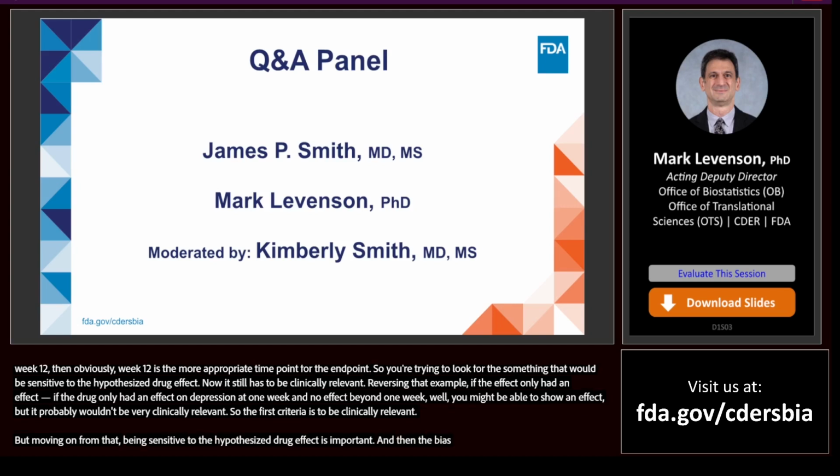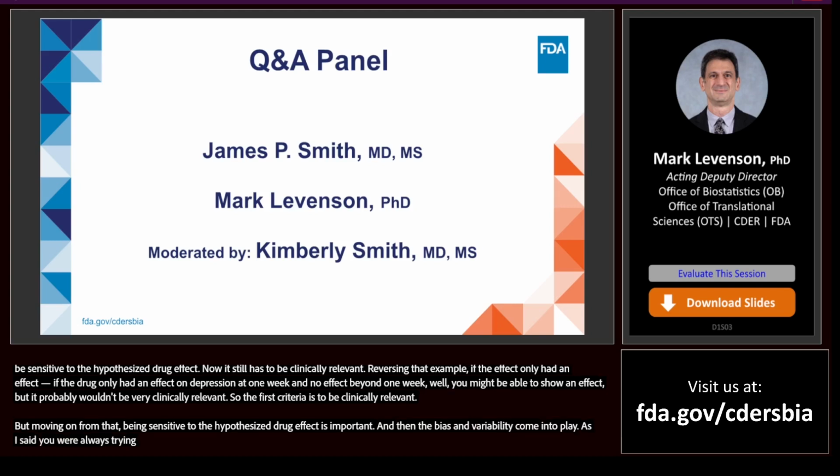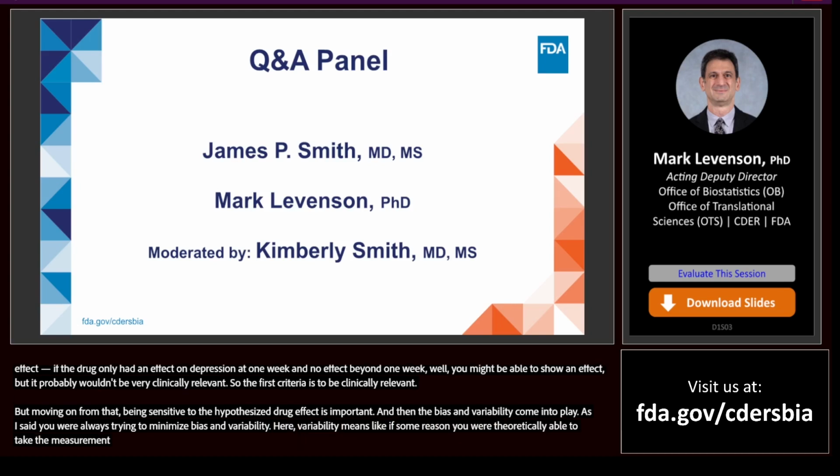As I said, you're always trying to minimize bias and minimize variability. Here, variability would mean, if for some reason you were theoretically able to take the measurement twice, would you get nearly the same result, or is it going to be very variable? Some endpoints are naturally not very variable.